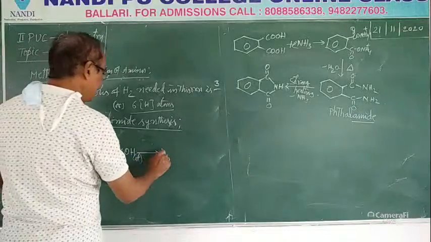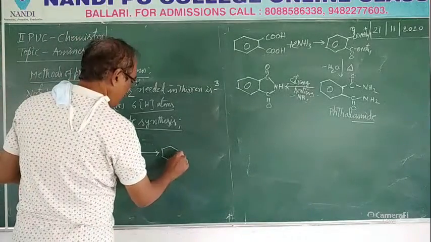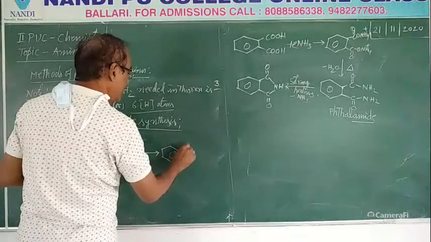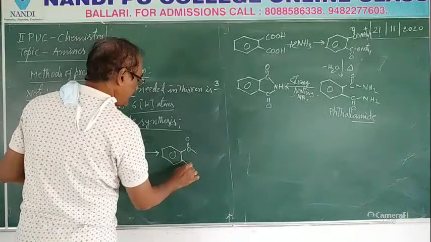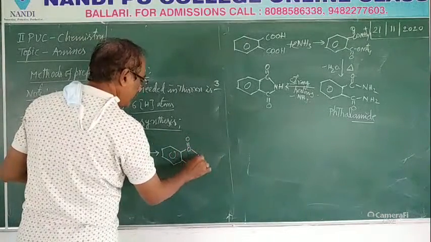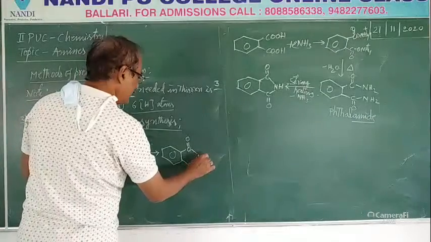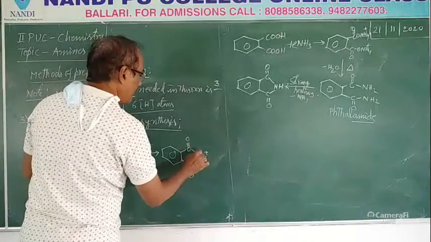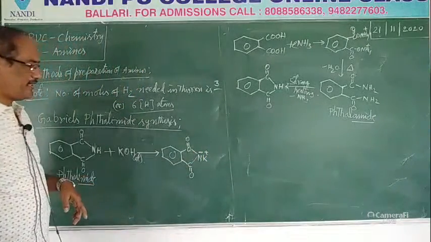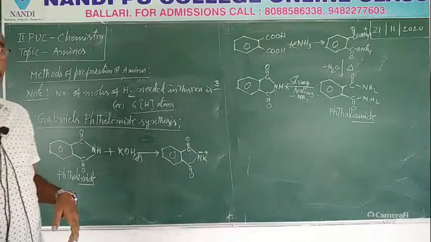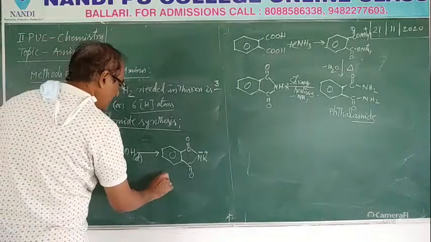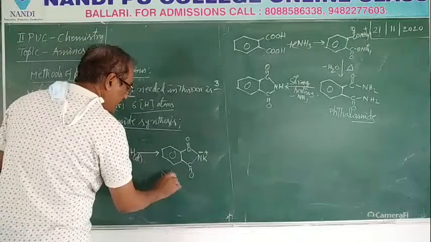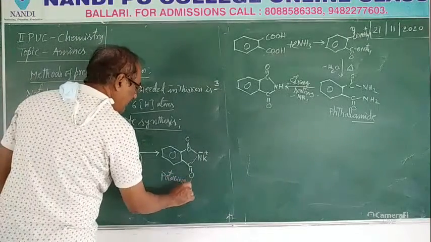Then you will get the N-K plus, N minus compound, that is the potassium salt of phthalimide. This is potassium phthalimide.